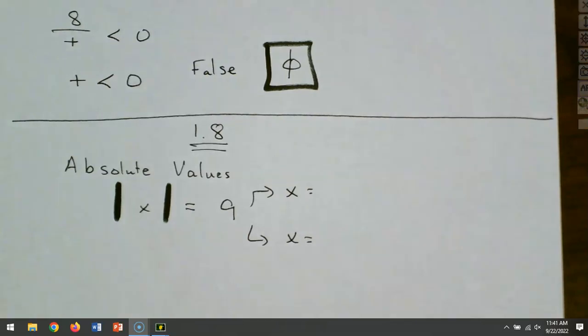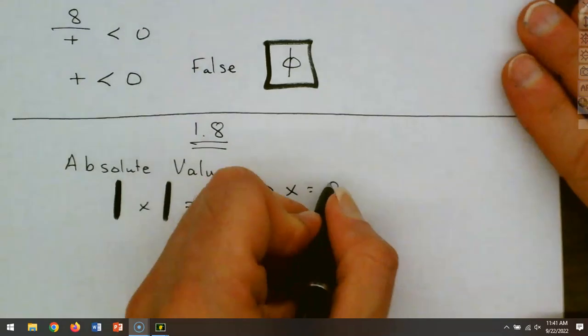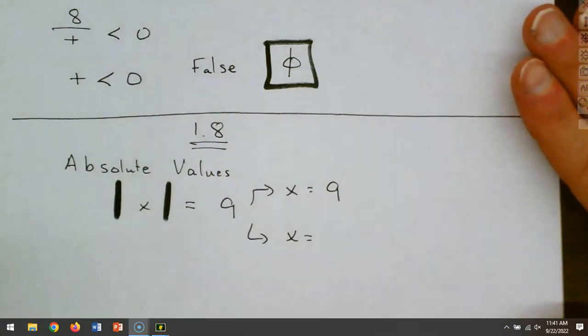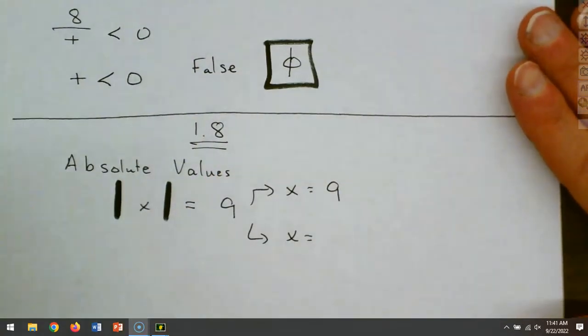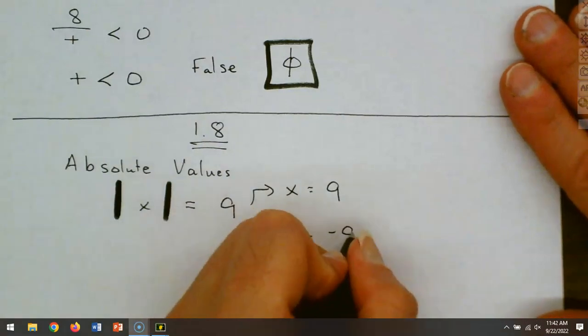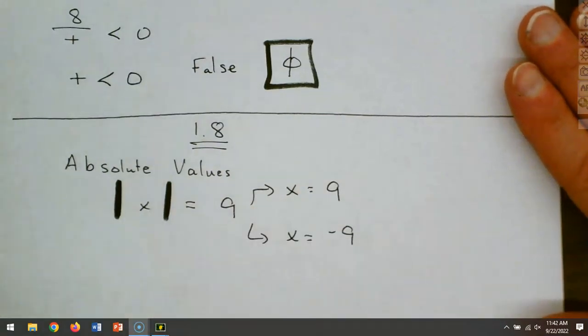Let's think about an absolute value. Absolute value makes it come out to be positive, right? So, what number, if I take the absolute value of it, gives you 9? 9. Okay? Because the absolute value of 9 is what? 9. Now, the opposite of that would be a negative 9, and that also gives you 9, right?